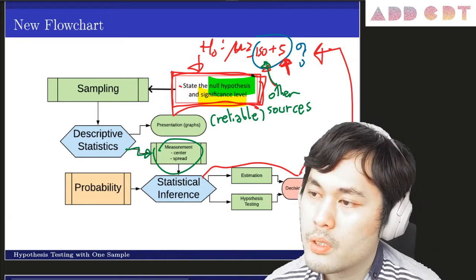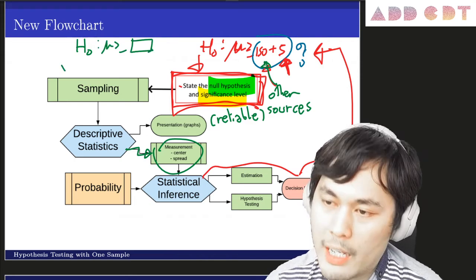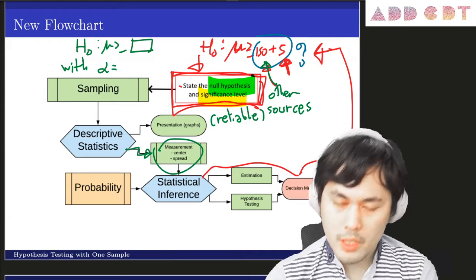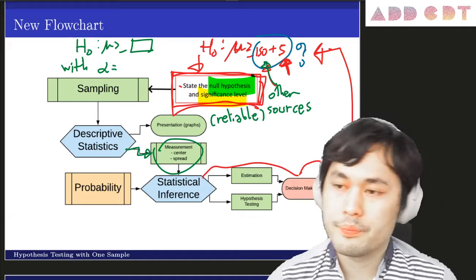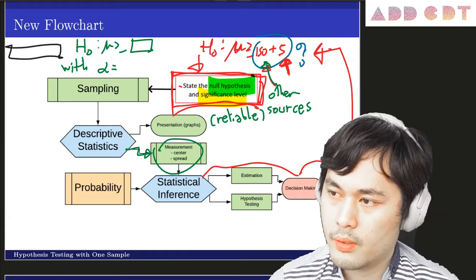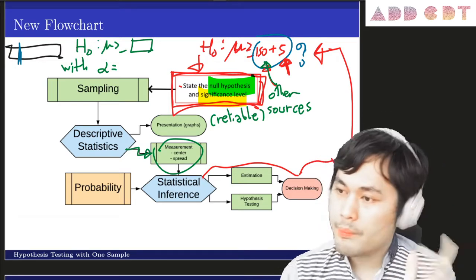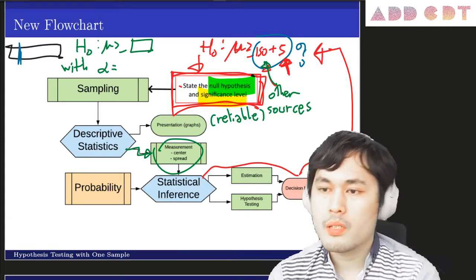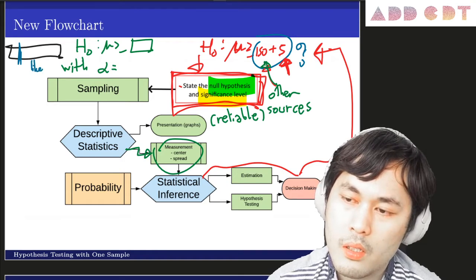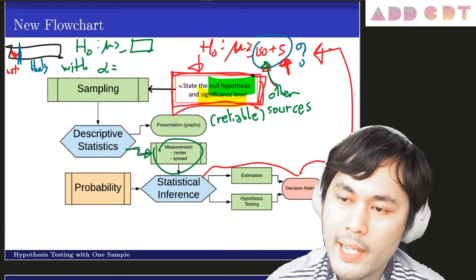You have to put some number here, and you have to also state what your confidence level, what your significance level is, where you would put the cutoff to distinguish between the sample data or sample mean that is likely and those that is not likely or less likely.